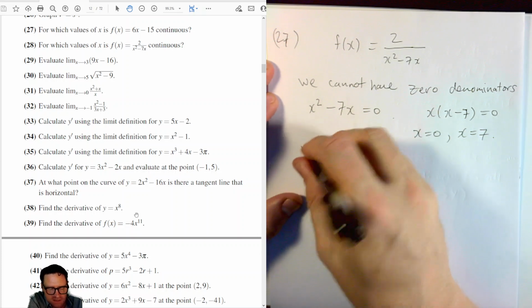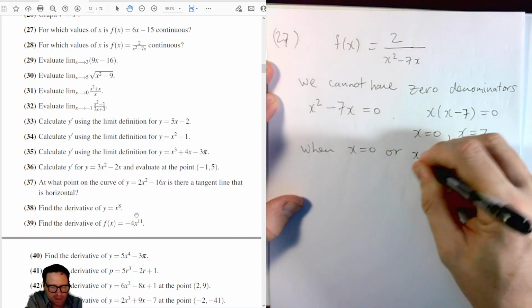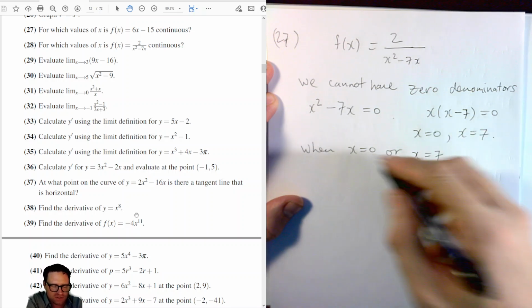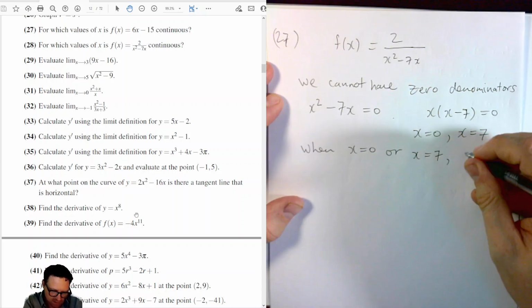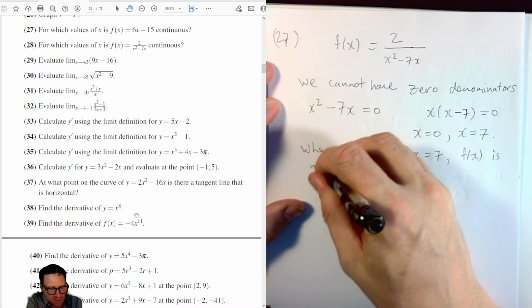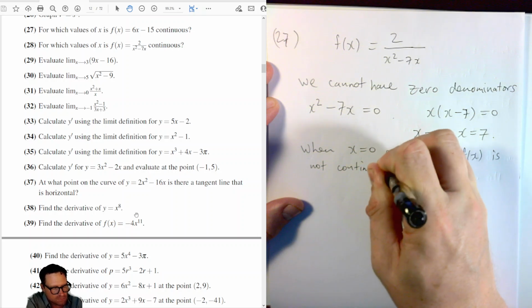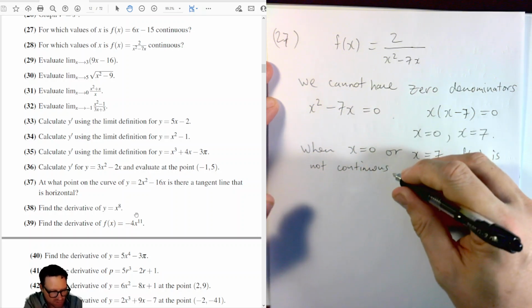So what we learn is when x is equal to 0 or 7, f of x is not continuous at those points, all right?